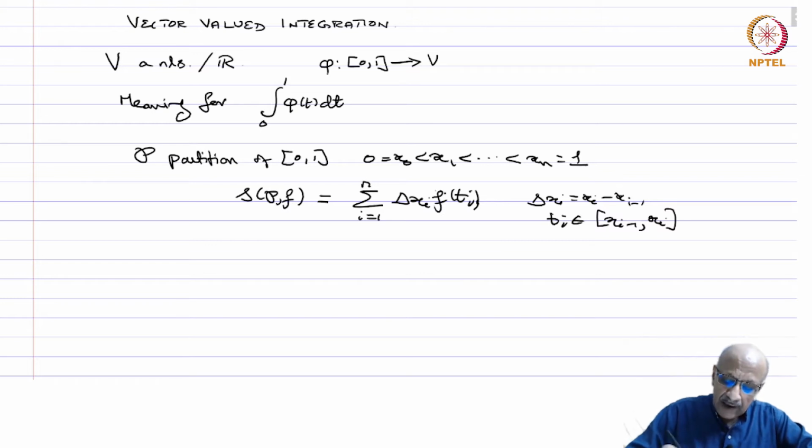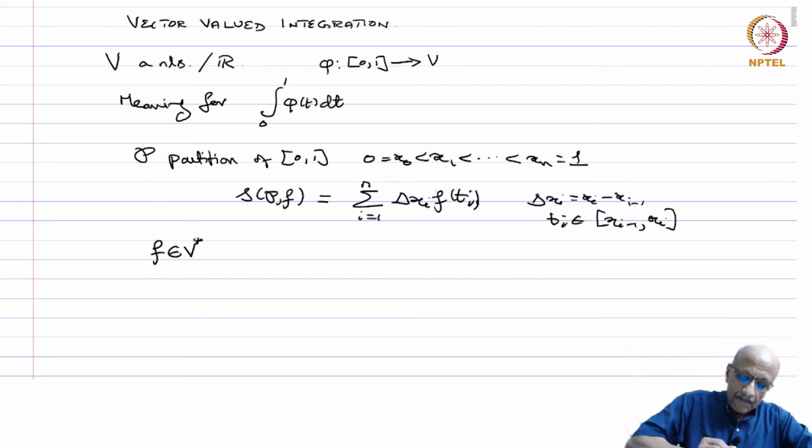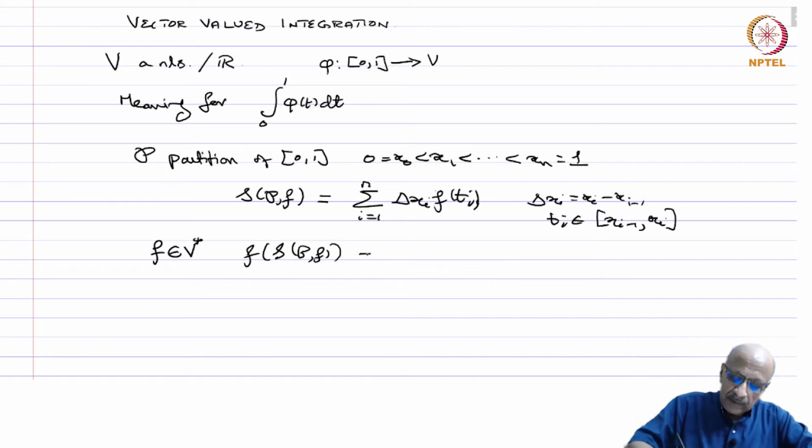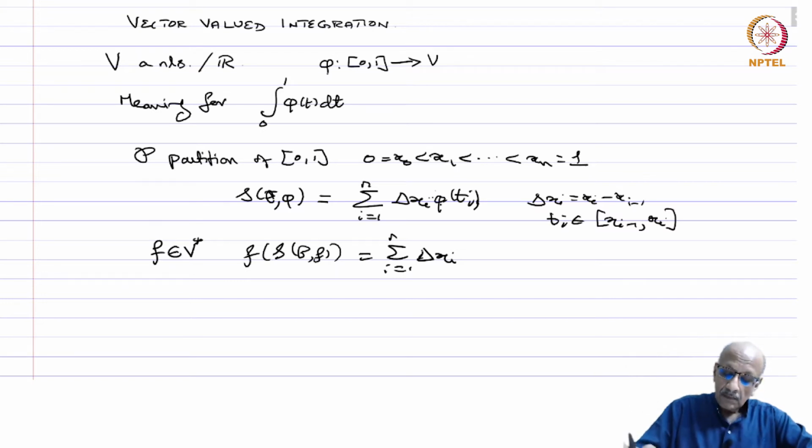So if we take a limit and we are able to define the integral, then if f is any element of V star, then f of S_P phi will be sigma i equals 1 to n delta xi, sorry, we should have had phi here. Okay, so phi again.